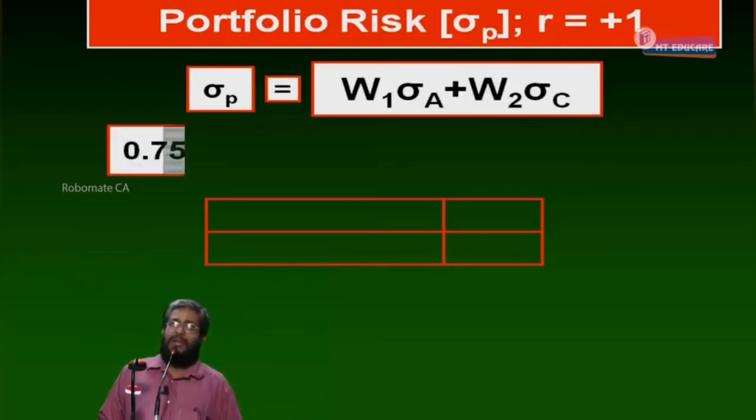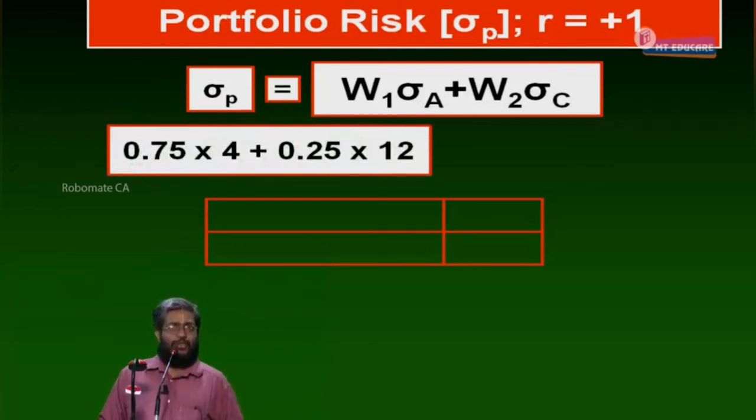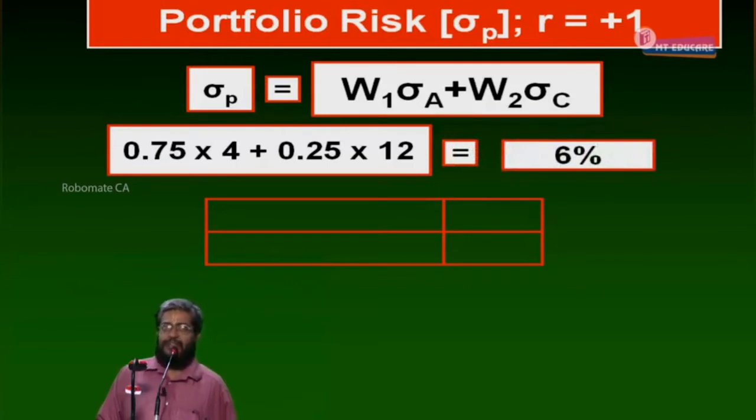Now, 0.75 into 4 plus 0.25 into 12. What is the standard deviation of the portfolio? It is 6%.